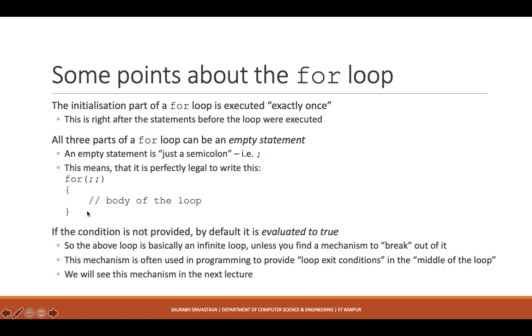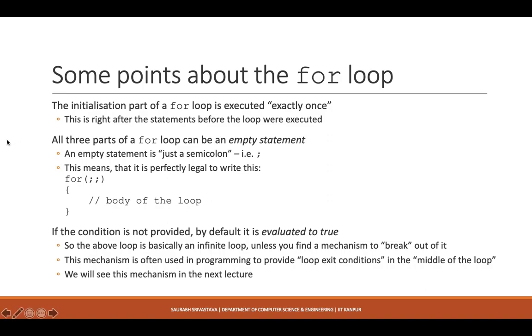What this means is, if you leave the condition part empty, then it is evaluated to true by default. So this is equivalent to saying semicolon 1 semicolon. As I've already told you, in C, 1 means true, and actually any non-zero value means true, and 0 means false.